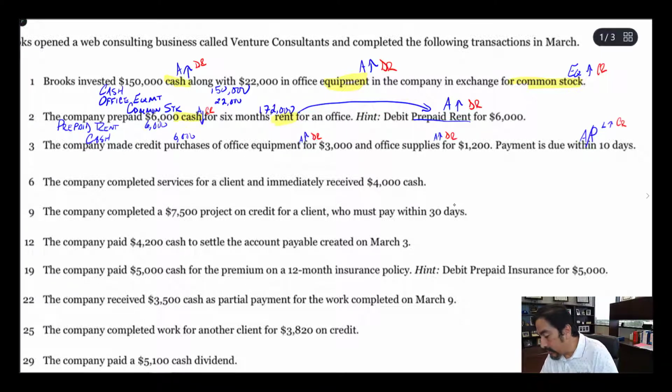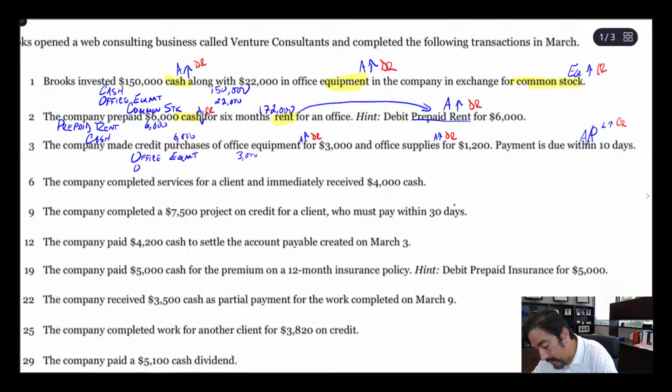So here's what our journal entry looks like. Office equipment, using some abbreviations, $3,000 debit.